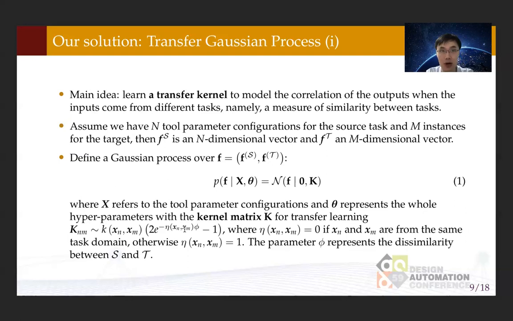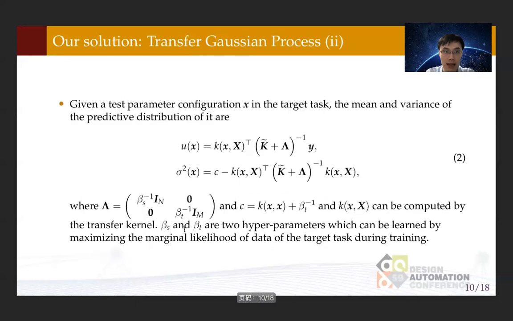Therefore, by Bayes' theorem, we can obtain the conditional distribution, and the mean and the covariance matrix of the Gaussian process output are shown here. To avoid boredom, I ignored all the tedious calculations. You can refer to my paper for a more detailed description.